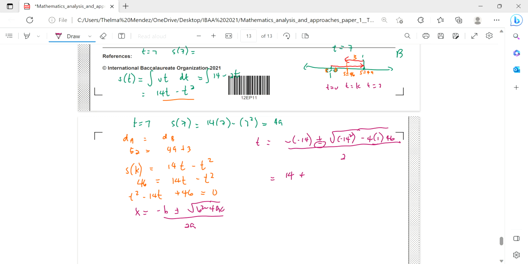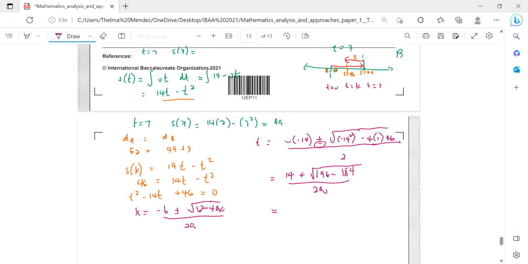So what is 14 squared? You cannot use a calculator, so you have to do this manually. It's good if we memorize at least the squares of numbers from 1 to 20. So 14 squared is 196, minus 4 times 46, which is 184, all over 2a.